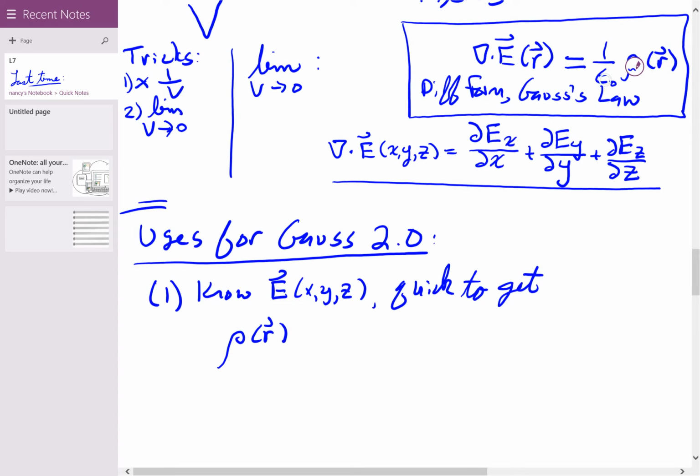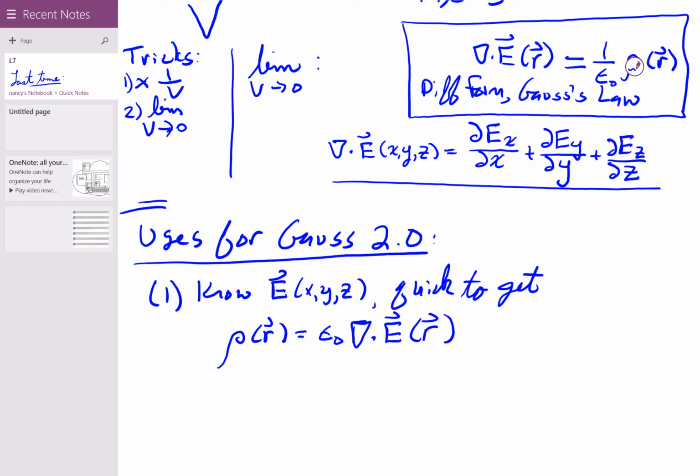Just multiply through by epsilon naught. Rho of r is epsilon naught times the divergence of the electric field at that corresponding point. So sometimes you might just want to know the density, and you might have been given the electric field for a situation. Well, this is a very quick way to get that density.